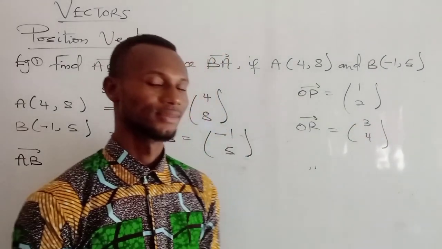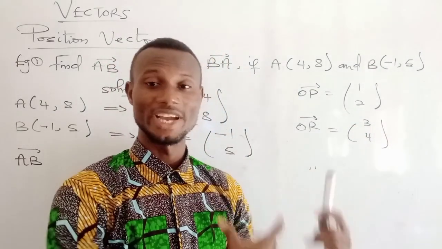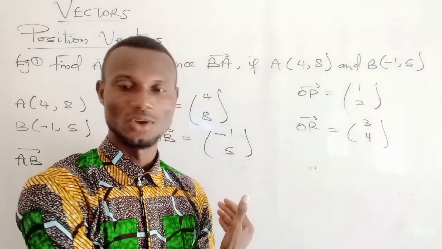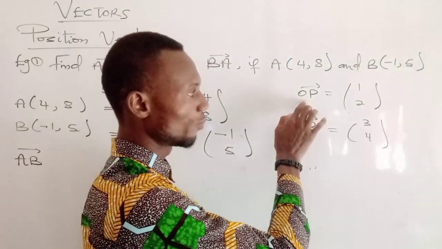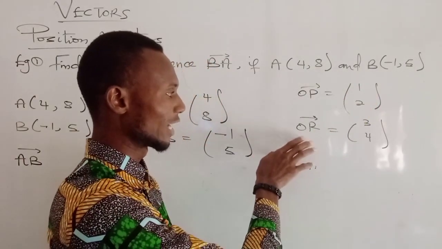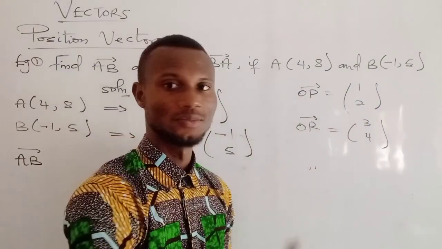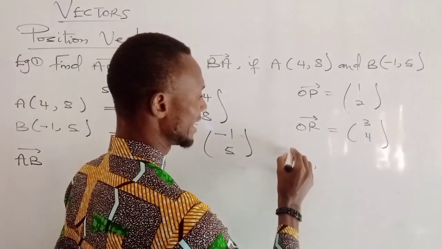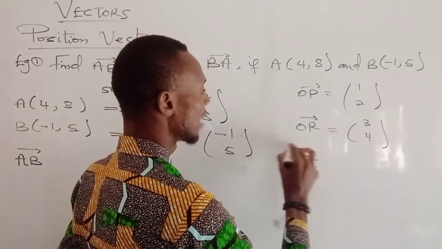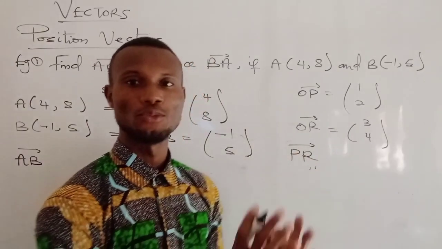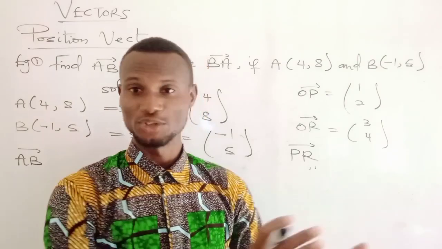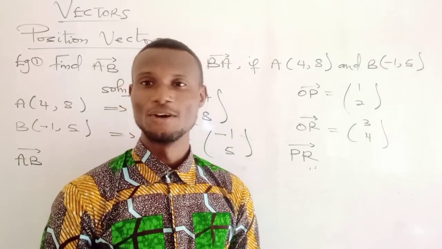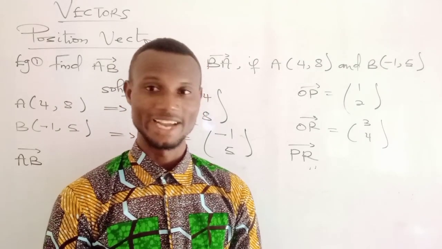Again, I'm just using this one to explain it to you, then we'll go back to what the question is asking us to do. So I have the vector OP equals (1, 2), and the vector OR equals (3, 4). Assuming we are being asked to find the vector PR, there's a rule that governs how we find this vector, and I'm going to show you. It's very simple, so just follow the explanation and you understand.